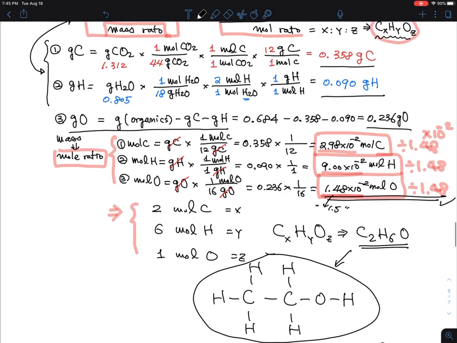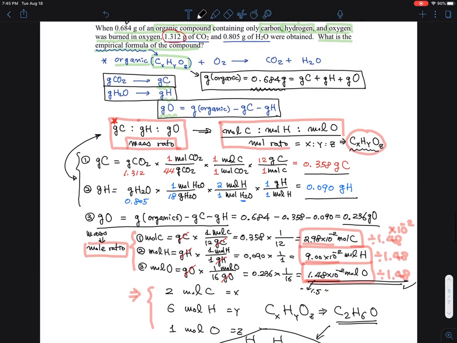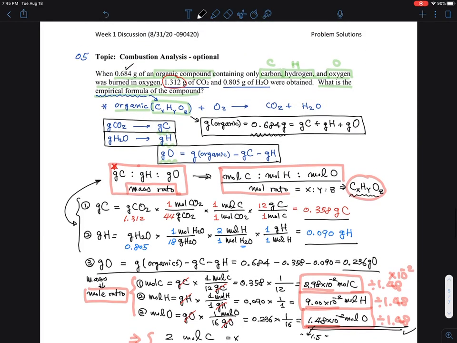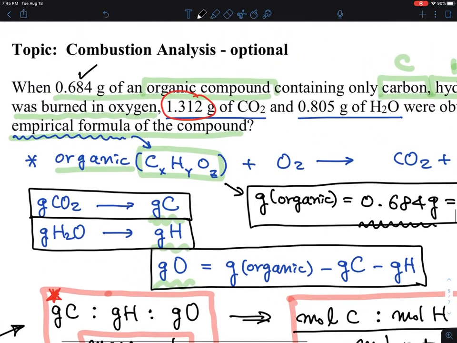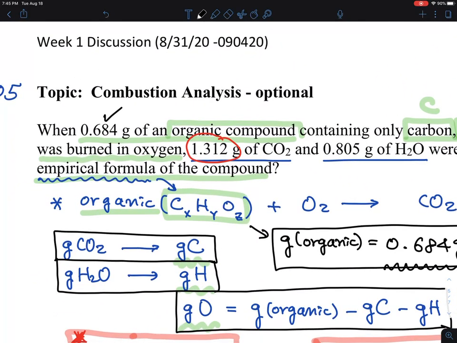Okay, so this is a pretty long problem the way that I solved it, but I want to recap once more. The information given is that this is an organic compound and its mass is given, and then the product masses are given here. The clue is that the CO2 mass is related to the carbon mass of the organic compound, and the water mass is directly related to the hydrogen mass from the organic compound.